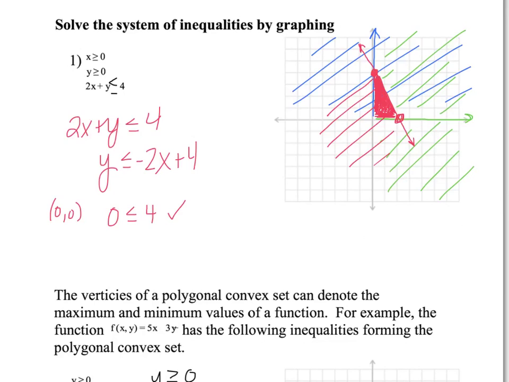And these are bounded by three vertices. This is the point 2, 0. This is the point 0, 0. And this is the point 0, 4. So those are the vertices of my polygonal convex set, and that shaded area is the solution to those three inequalities.